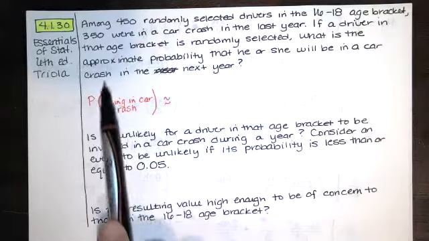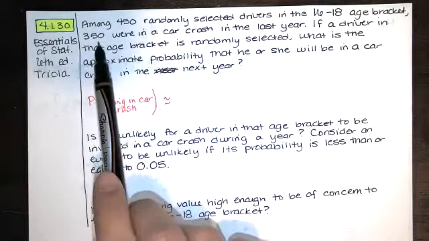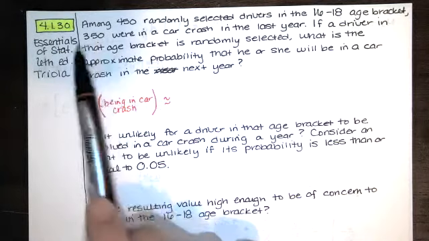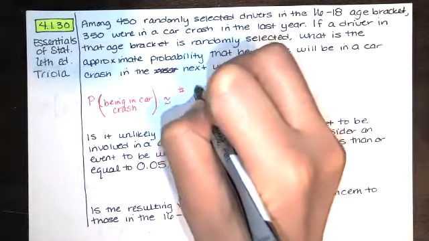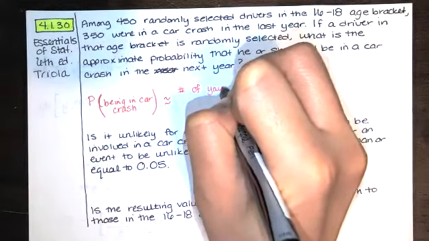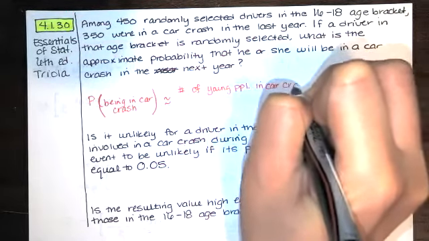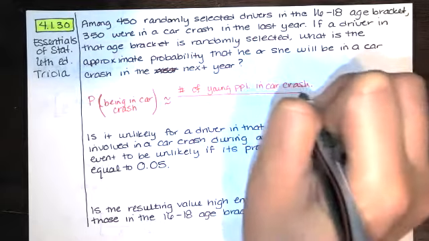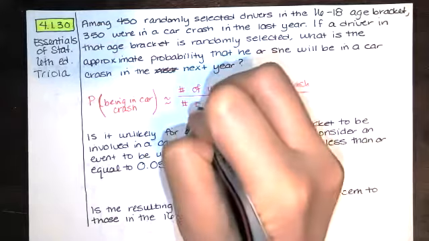It's the number of young people that were in this car crash in the last year. So there were 350 of those, divided by the total number of young people in the sample.